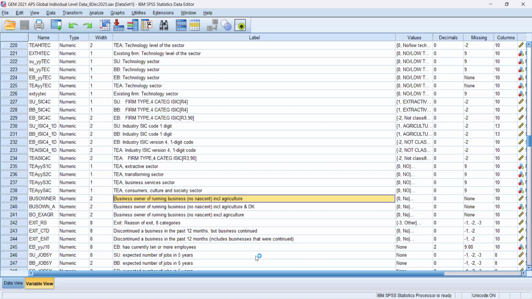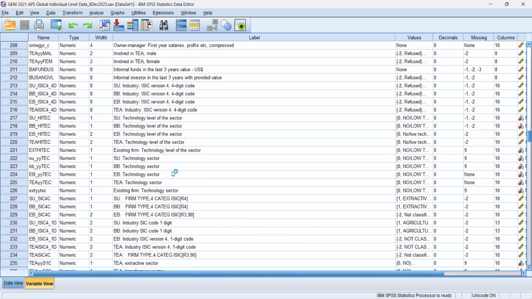So these indicators measure the person's entrepreneurial capabilities. Has the person owned a business before? Has the person started a business and it crashed, or he discontinued the business, or the person still has a business operating?